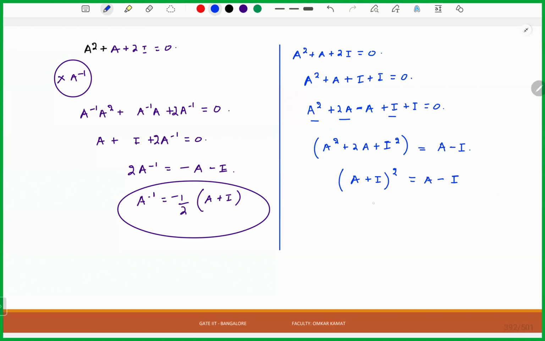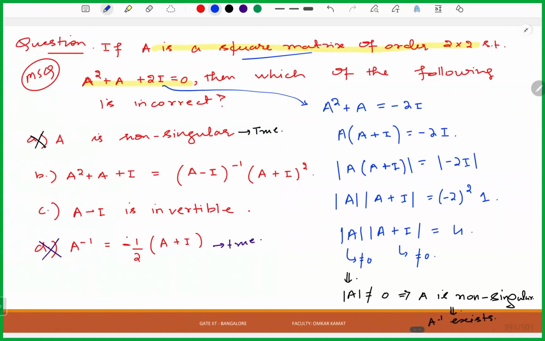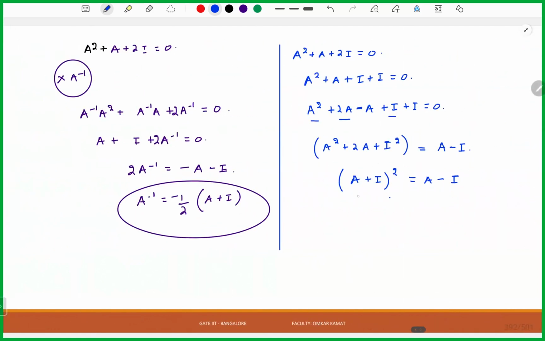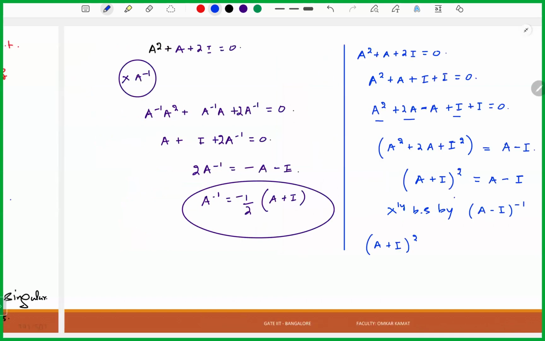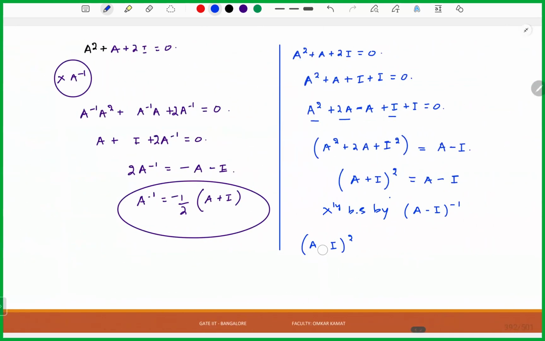Correct. So from here, if I do the adjustment again, what adjustment can be done? Because here it is A plus I whole square, (A minus I) whole inverse I want. So if I multiply both the sides by (A minus I) whole inverse, understanding, no? Multiply both sides by (A minus I) whole inverse. So see what we'll get from here: (A minus I) inverse into (A plus I) whole square.